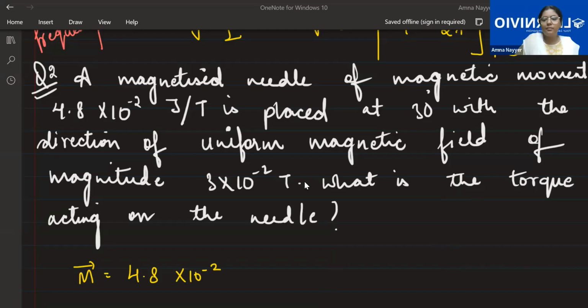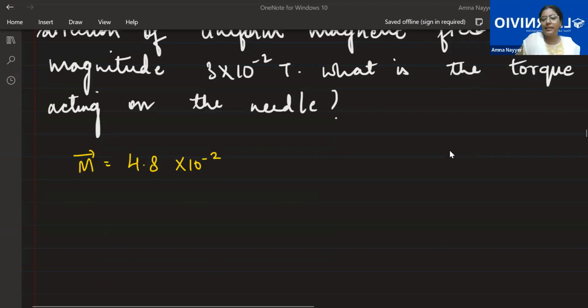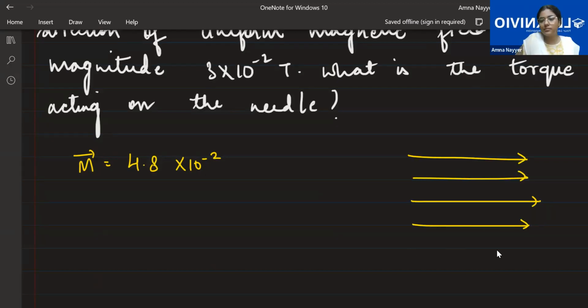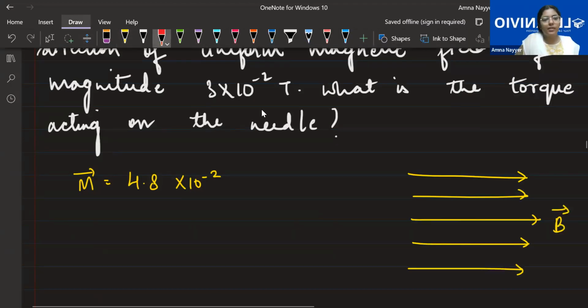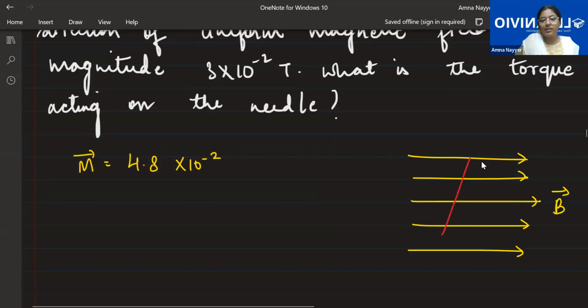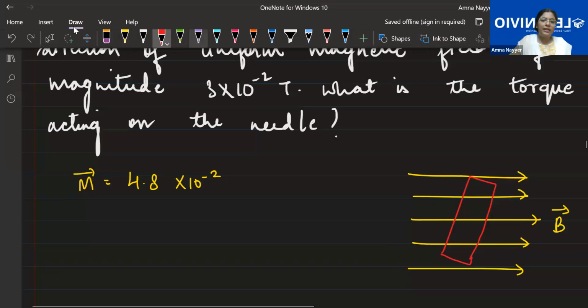Let's say the magnetic field is like this. This is our magnetic field, and we have a bar magnet. So this bar magnet is placed at 30 degrees with the field.